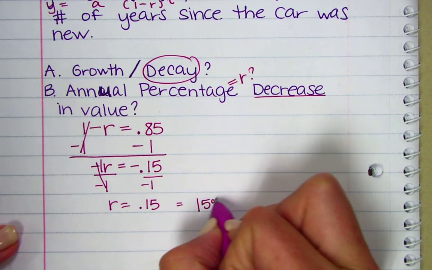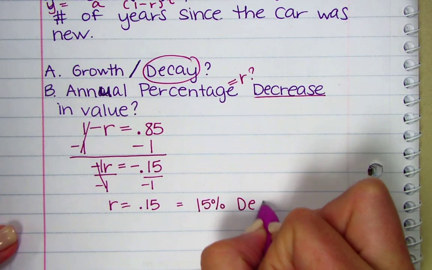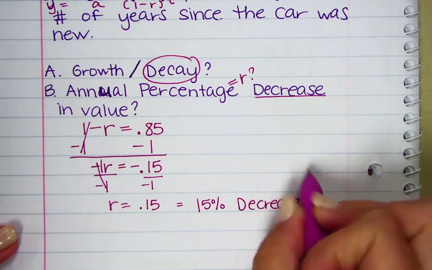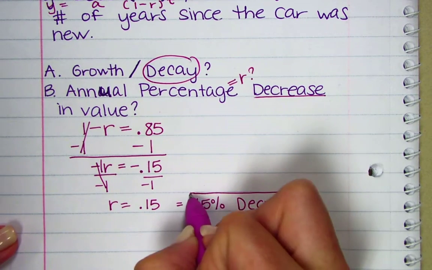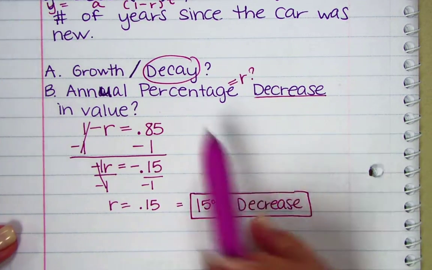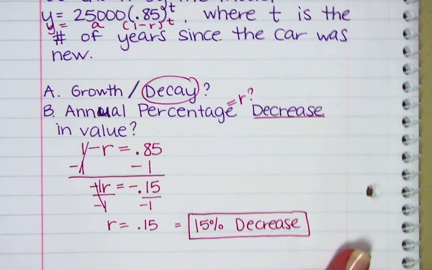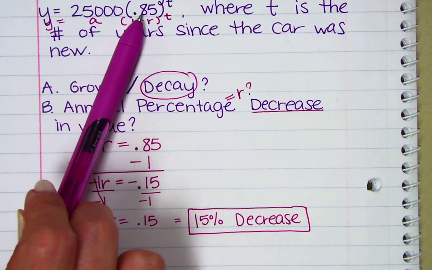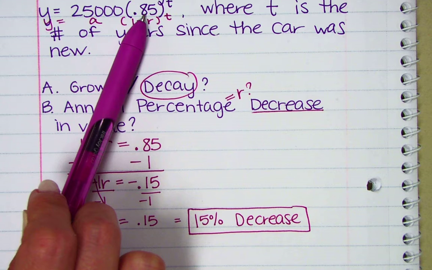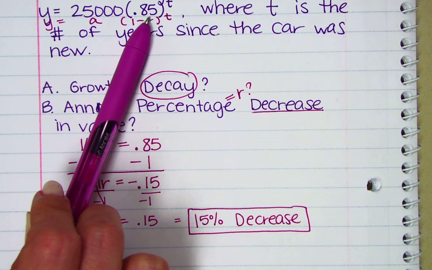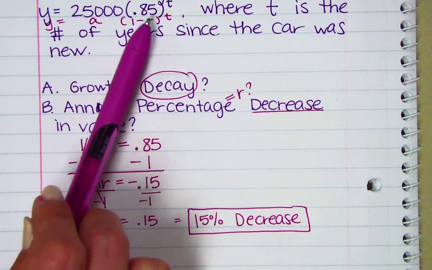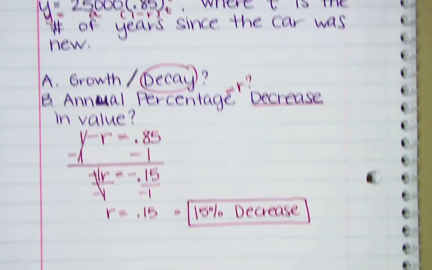A 15% decrease is the answer. Does it make sense? We start with 1, take away 15%, you end up with 85%. That makes sense. If you start at 100, take away 15. 15% decrease.